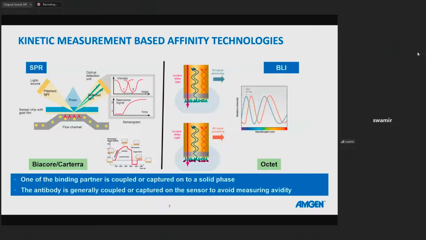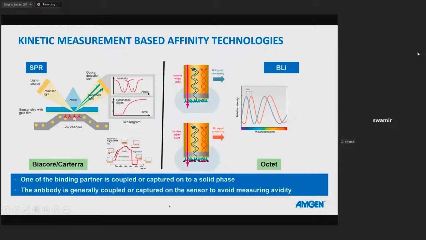The kinetic measurements are done by technologies like SPR or BLI, where one of the reacting molecules is adsorbed or bound to a surface, and the other molecule is passed through the column where it can bind.